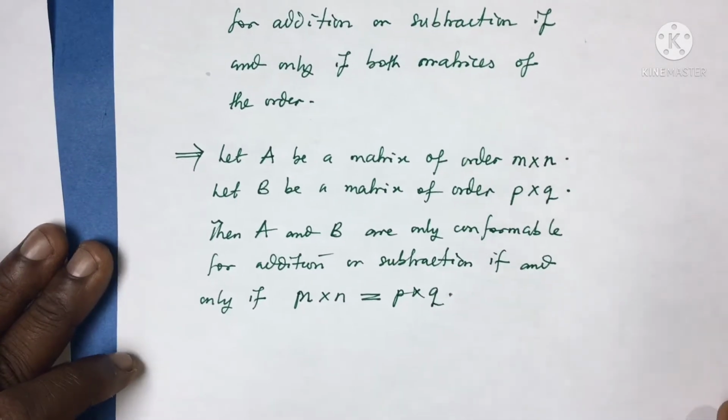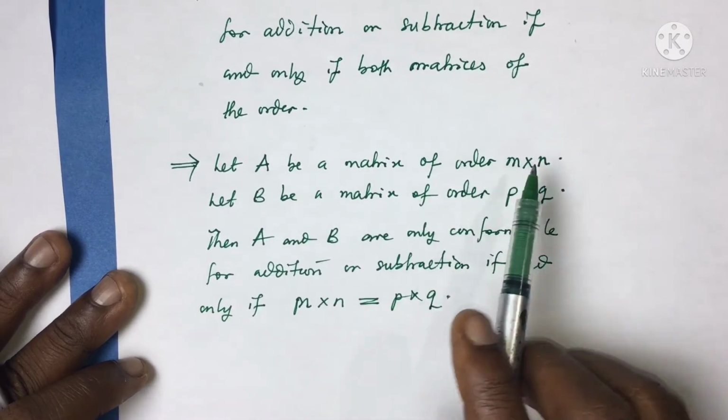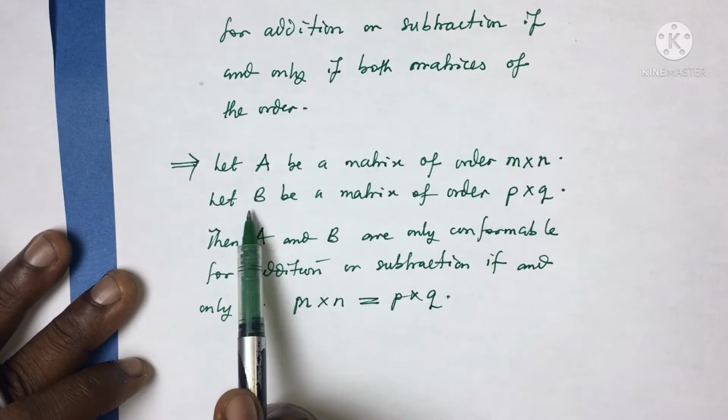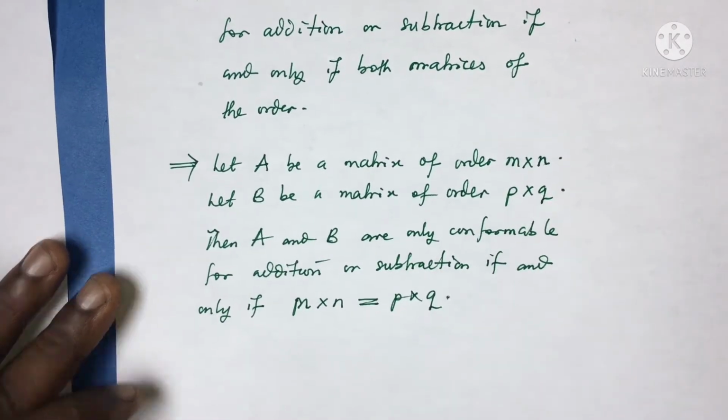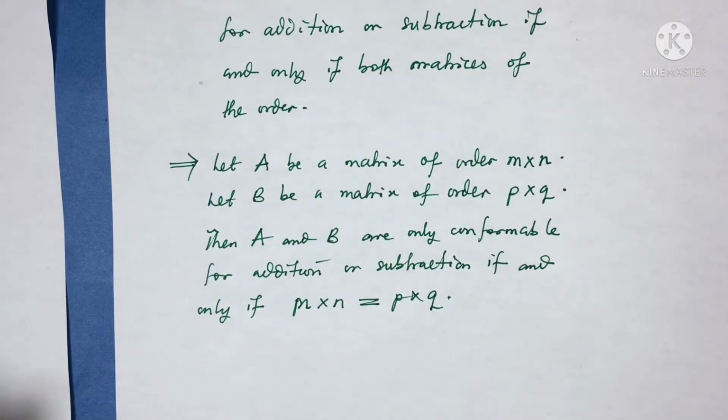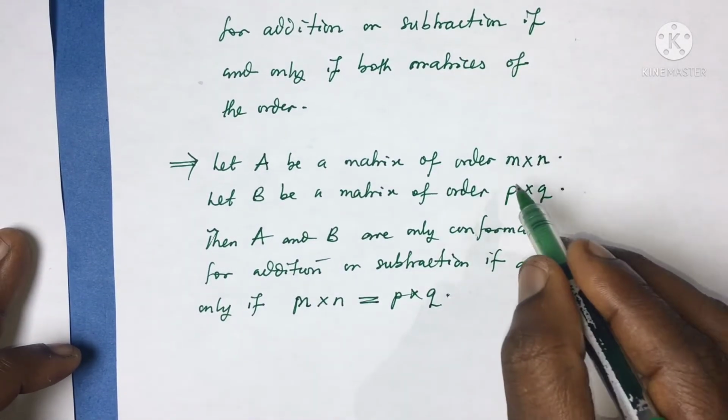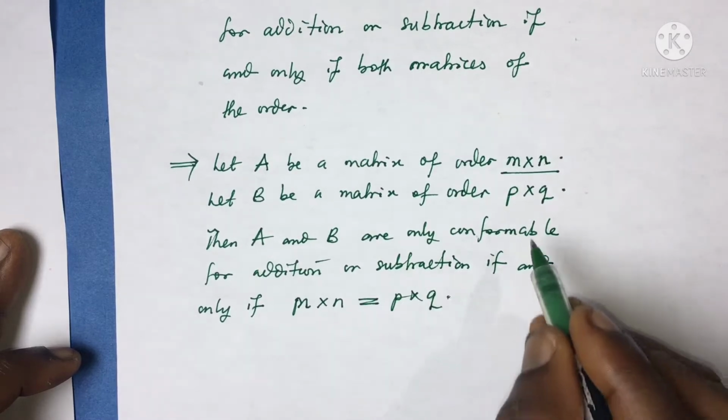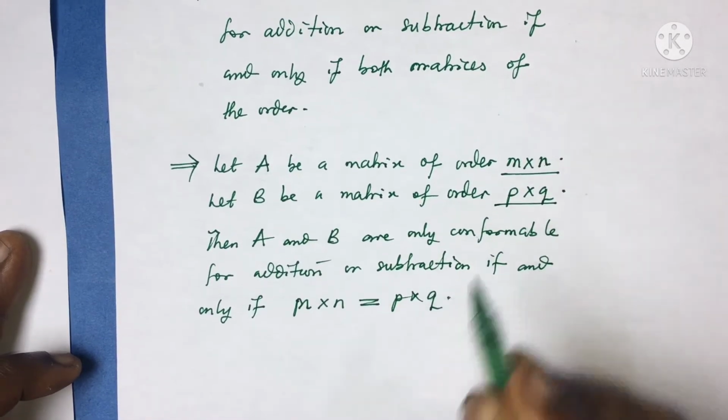And what does this mean? It means that if A is a matrix of order m by n and B is a matrix of order p by q, then both of them can only be added provided the order of A, which is m by n, is equal to the order of B, which is p by q.